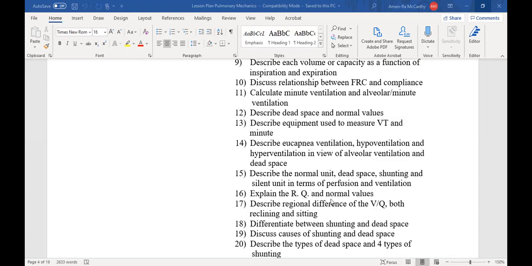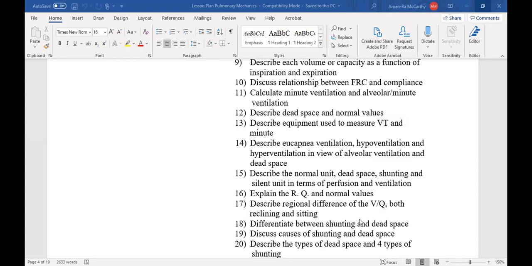Explain the RQ, which is the respiratory quotient. Describe regional differences of the VQ, which is ventilation to perfusion. It's called the VQ ratio. Okay. You'll be understanding the difference between the VQ ratio in sitting, or reclining and sitting.